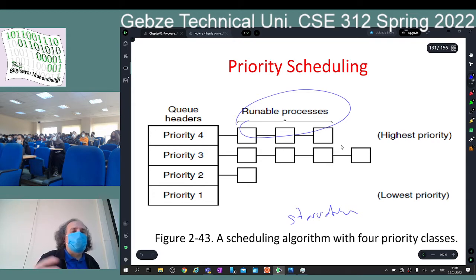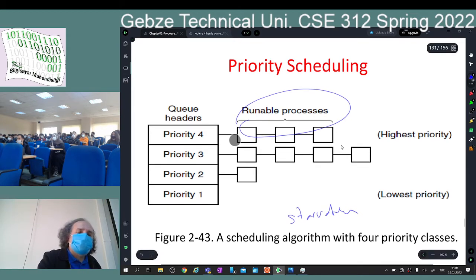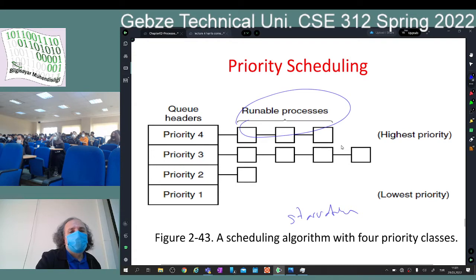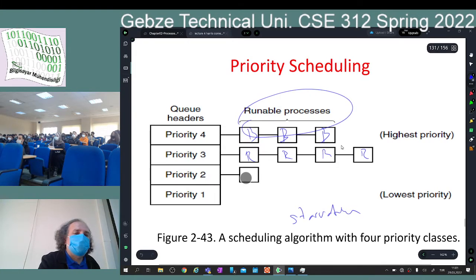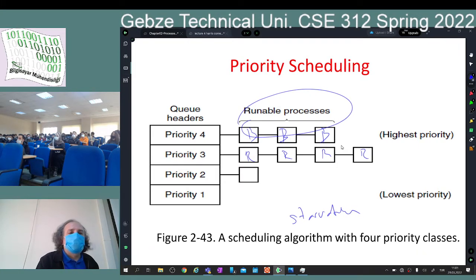So in effect, this process is waiting for other processes to finish their job so that this one gets the CPU. The worst thing is, maybe this one is blocked too, and this one is blocked too. They are all blocked, but these are all running in the run queue. Maybe these three are waiting for the lower priority job to finish, but it cannot finish.